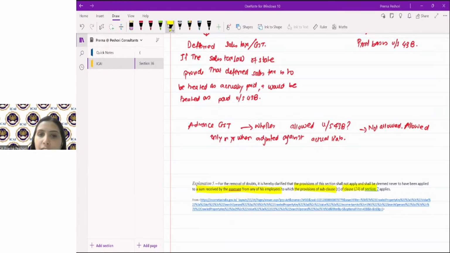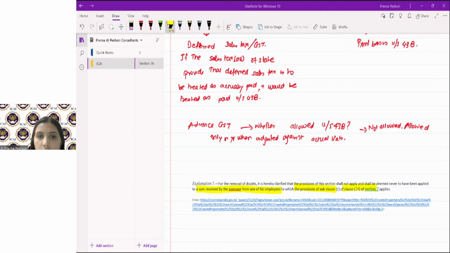So Explanation 5 clarifies that 43B does not apply to the employees' contribution received by the employer towards any welfare fund. So 43B covers only the employer's contribution to the PF fund and does not include the employee's contribution, which is credited to the employee's account in the relevant fund. That has to be paid before the due date of the fund. Are we clear?